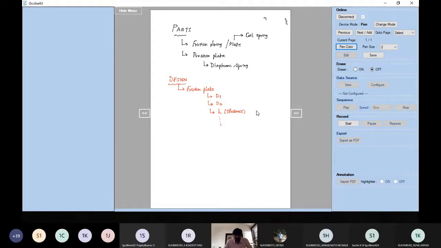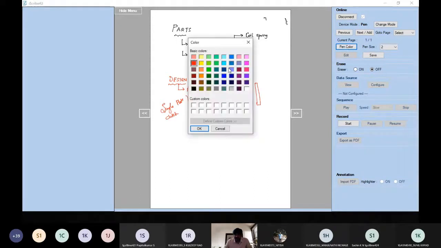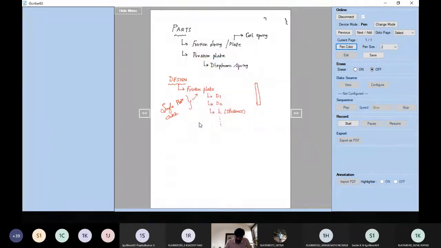I will be trying to talk about the other dimensions, also very basic dimensions. Okay. So initially I am trying to talk about the single plate clutch. Now what do you mean by single plate? It has only one frictional plate. So obviously here I have only one frictional plate. On the other side of the frictional plate we have the flywheel.